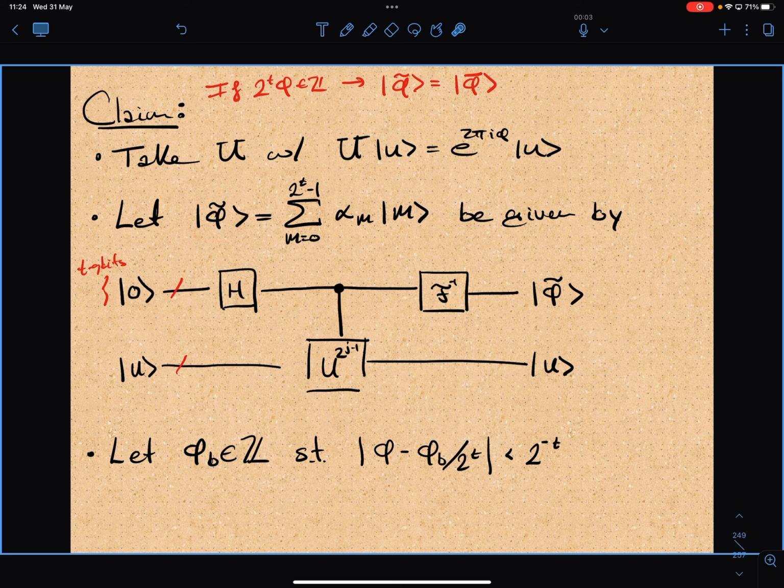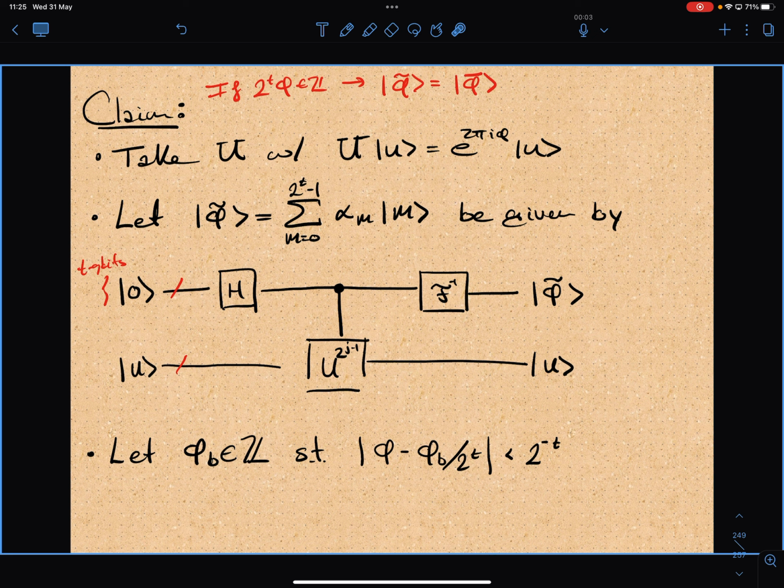So the states are going to be a linear superposition of different numbers. And it's going to be concentrated around the closest approximation of the phase. So again, if it terminates, meaning that 2 to the t times phi is an integer, then phi bar is just going to be a single number. If not, then it's going to be a linear superposition of different numbers.